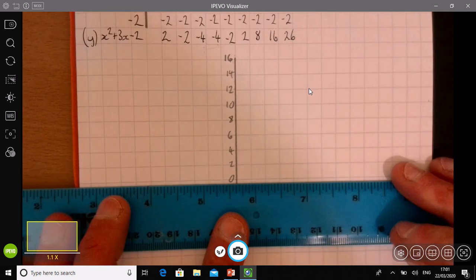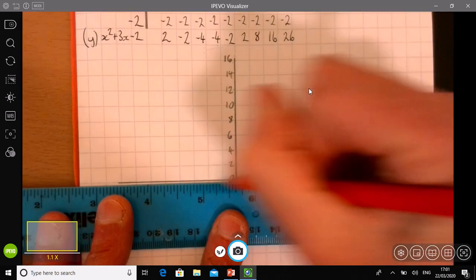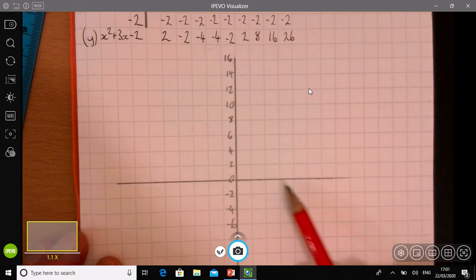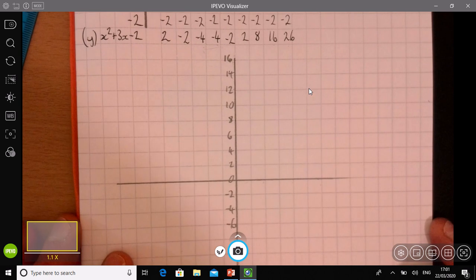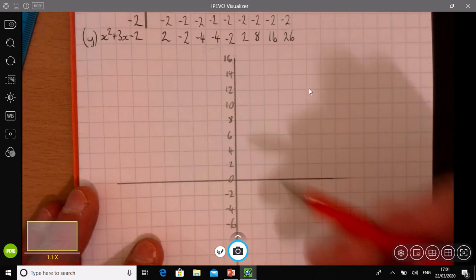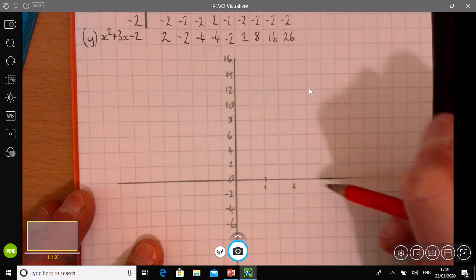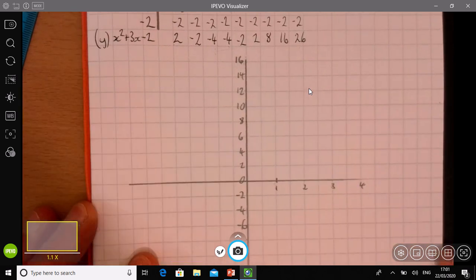So okay, let's draw our x-axis in. Now you might decide to go across maybe every 2, so you go like 1 there, 2 there, 3 there, if we wanted to space this out a little bit more. Okay, that's not such a bad idea. Okay, because it's only going across the 4, so 1, 2, 3, and 4, and then going the other way.